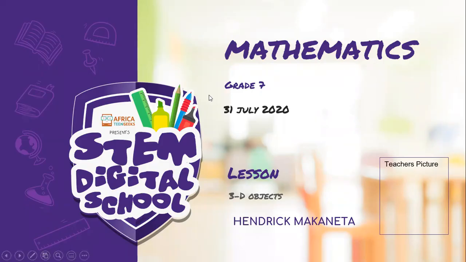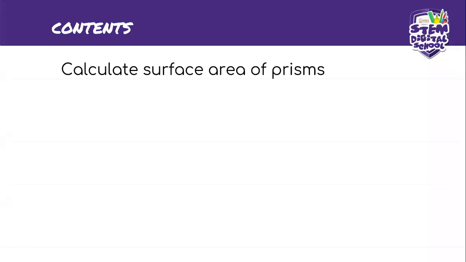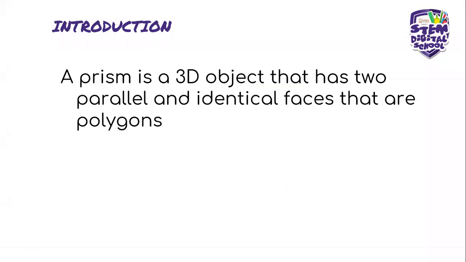What is very key here is that we are going to look at the surface area of prisms. And of course, we have spoken at length about 3D objects, and we have defined a prism as a 3D object that has two parallel and identical faces, which are known as polygons.